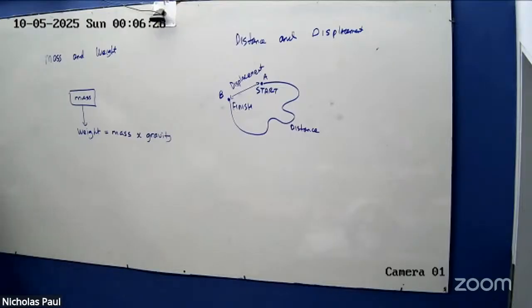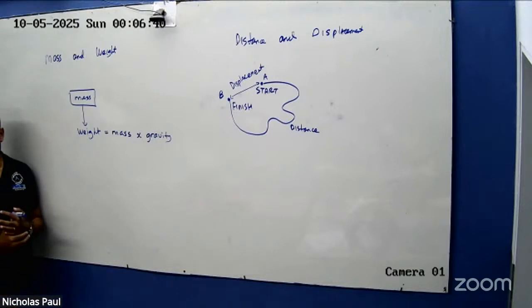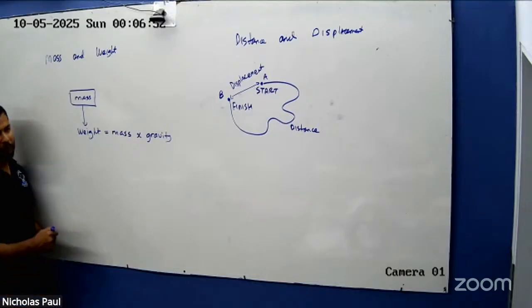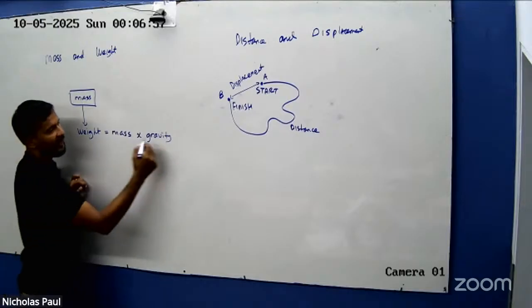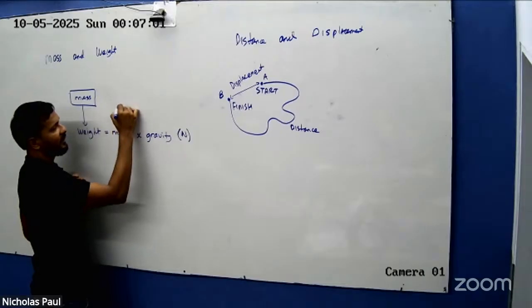Mass is the amount of matter in a substance, while weight is the effect of gravity on the substance. Make a note of that. SI units: weight is in newtons, mass is in kilograms.